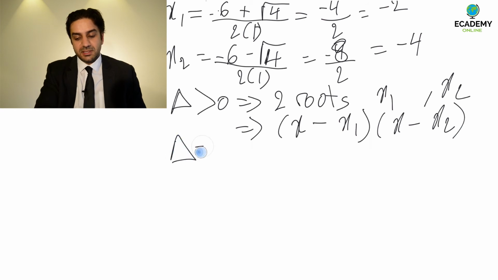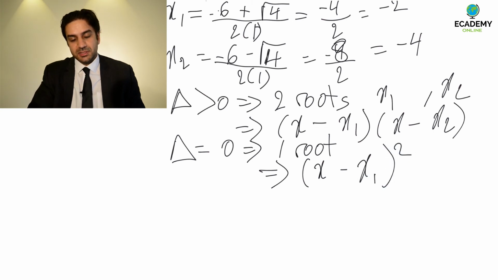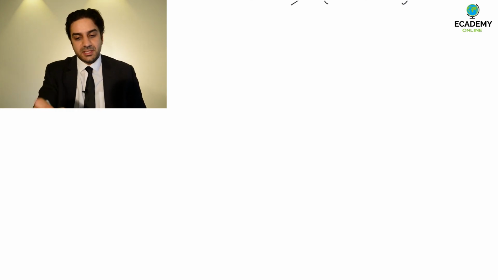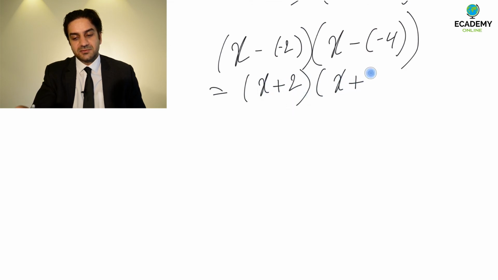If delta equals 0, that means one single root, so I can simply say it's x minus x1 squared, because x1 and x2 are the same thing. In this case, if we rewrite it, my answer for this example is x minus negative 2 times x minus negative 4. I end up with x plus 2, x plus 4.